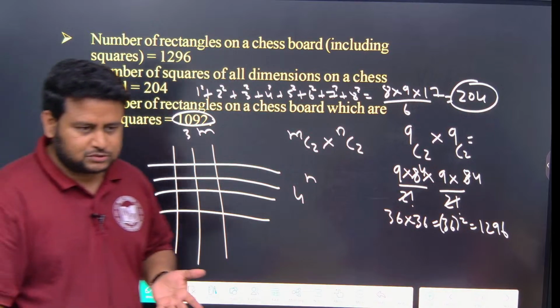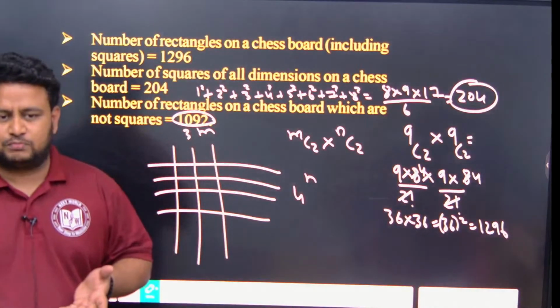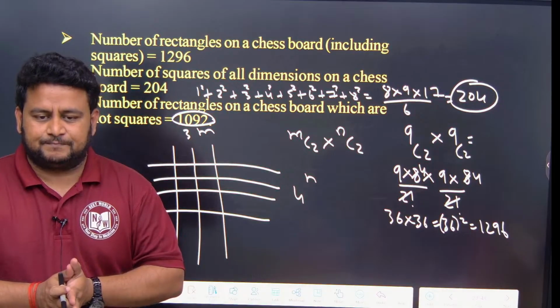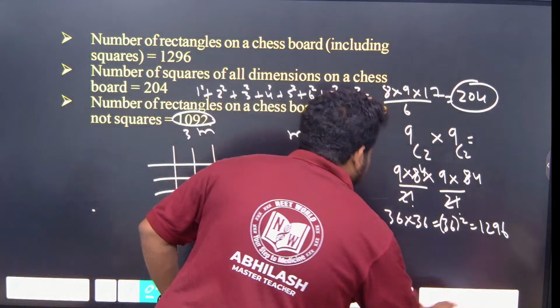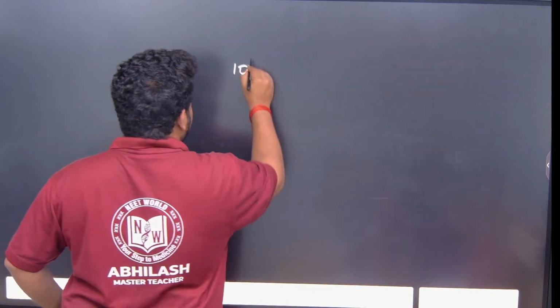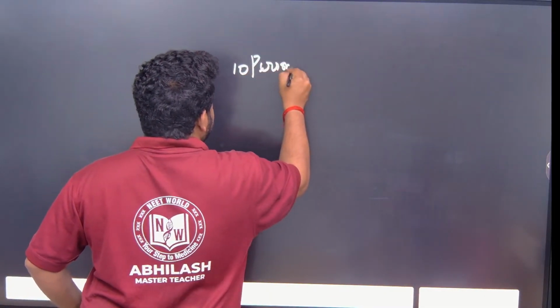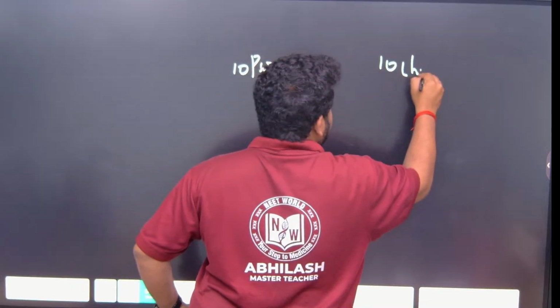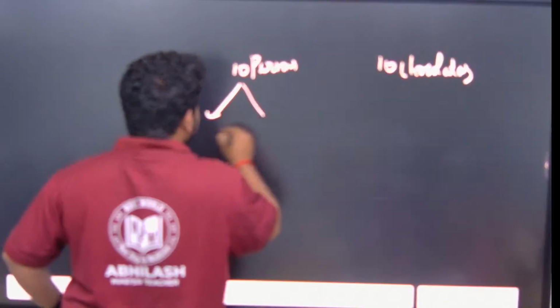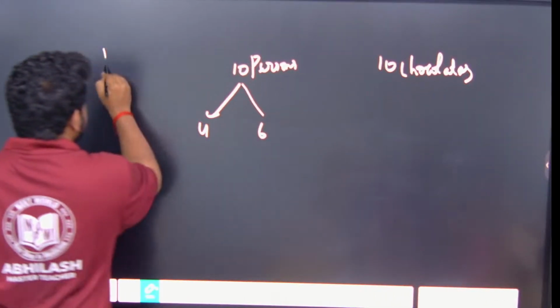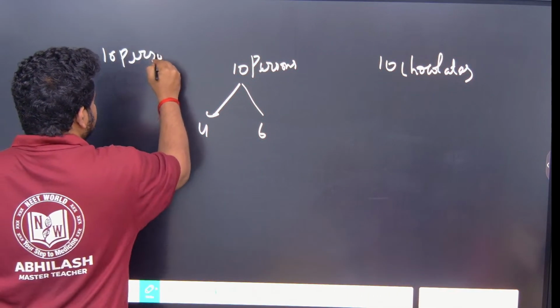Now when it comes to groups, what did we learn? Suppose in groups, if you are not naming them, what will you do? Suppose I told you 10 persons, or 10 chocolates, 10 persons you are dividing into 4 and 6, and 10 persons you are dividing into 5 and 5.